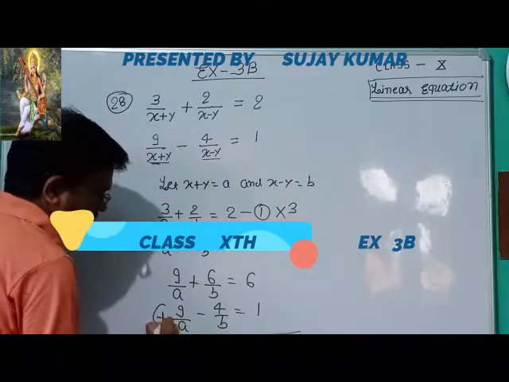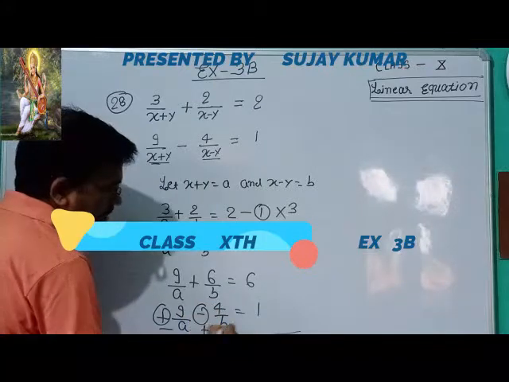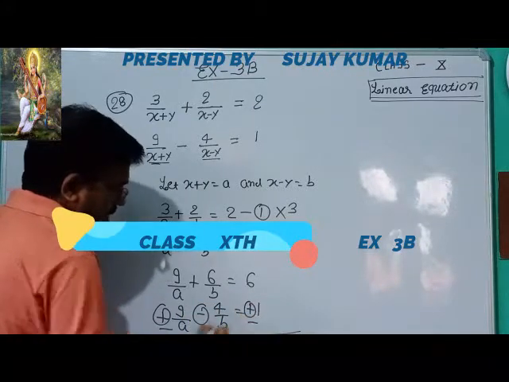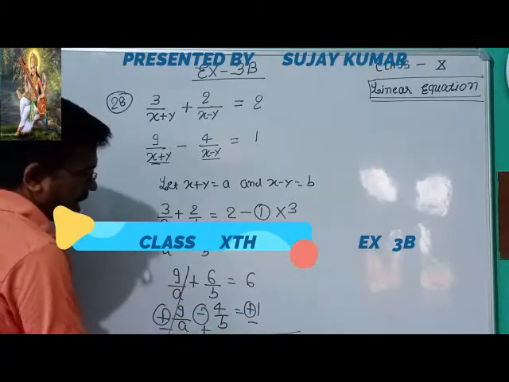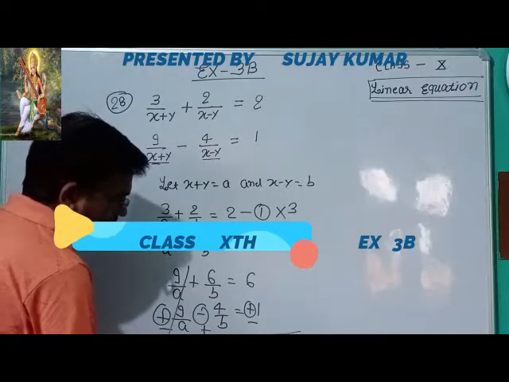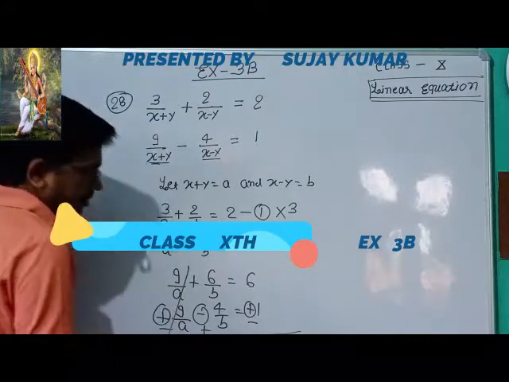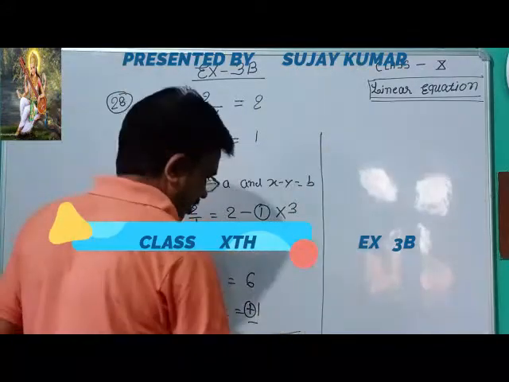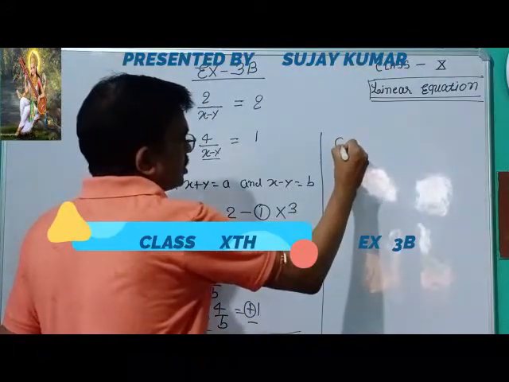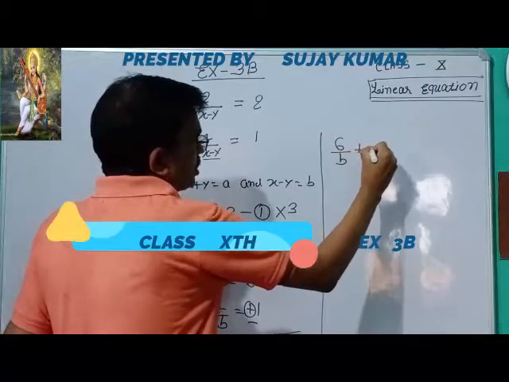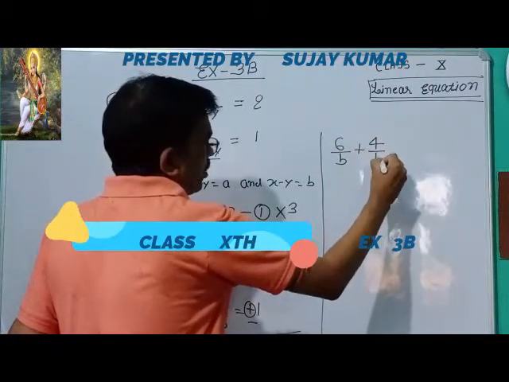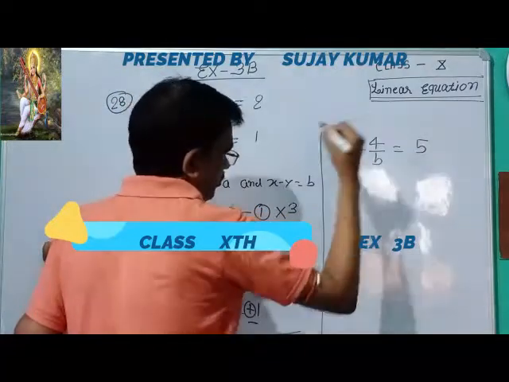Now subtract: plus minus, minus plus, plus minus. The a terms cancel and it is 6 by b plus 4 by b is equal to 5.